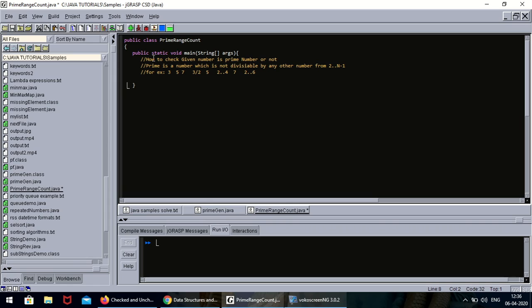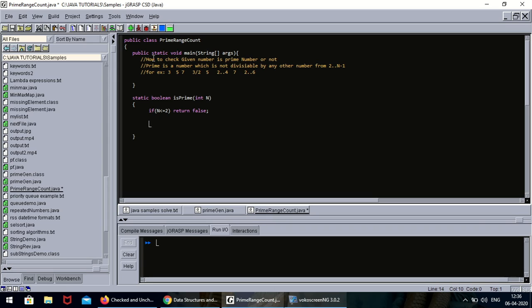Let's write a function for this. Static boolean isPrime(int n). If n is less than or equal to 2, return false.